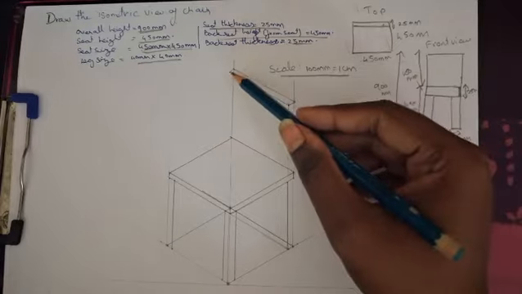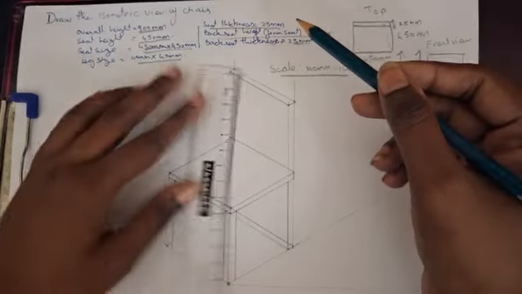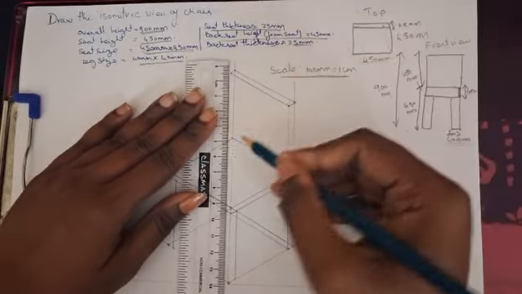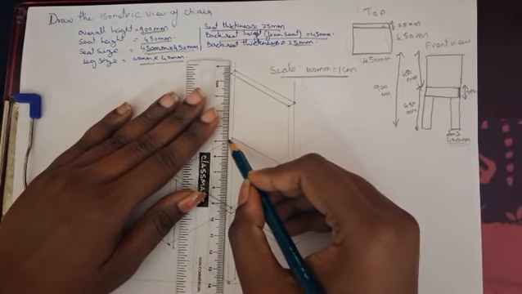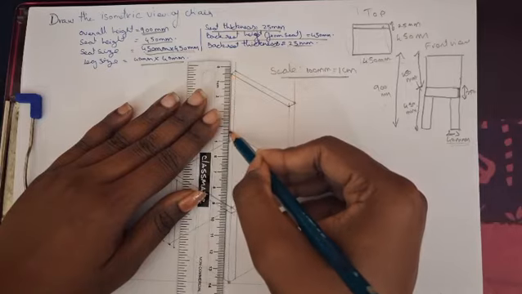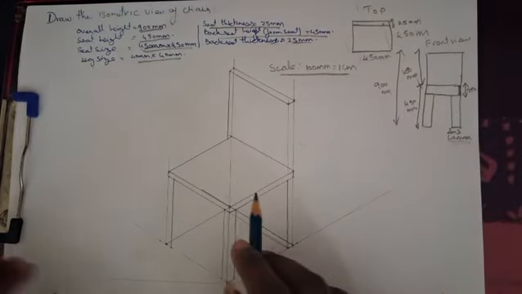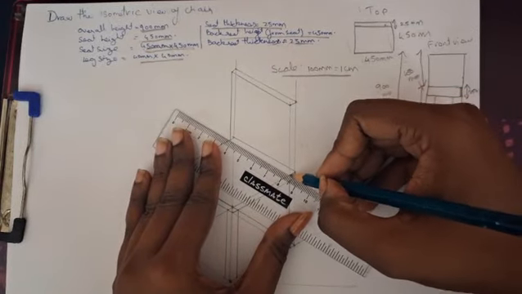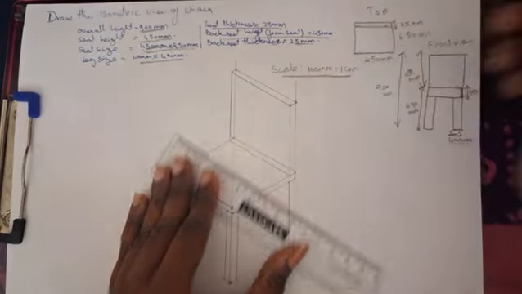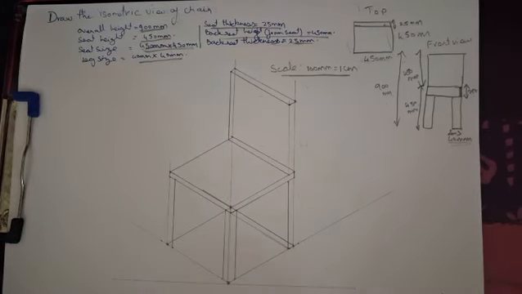After drawing the thickness from this point to this point, we are just bringing it down. We have completed drawing the backrest of the chair.